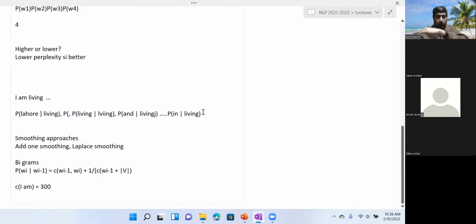I is the row, M is the column, in the 2D matrix where you put this 300 value. For each of these bigrams, for each I with every other word in the vocabulary, you add one. So how many more I's have you added? The total size of the vocabulary.